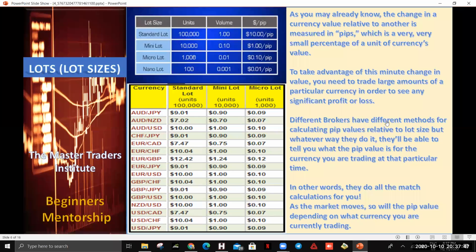Different brokers have different methods for calculating pip value relative to lot size, but whatever way they do it, they'll be able to tell you what the pip value is for the currency you are trading at the particular time. In other words, they will do all the math calculation for you. As the markets move, so will the pip value, depending on which currency you are currently trading.